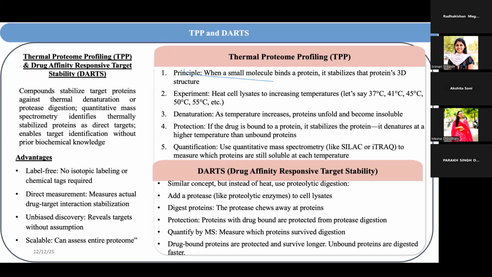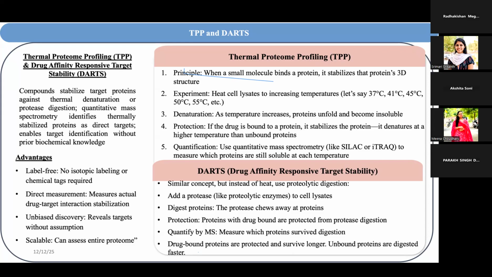For quantification, we use techniques like we previously saw, iTRAQ and SILAC. In DARTS, it is the same concept, but we add a protease to the cell lysate, digest it, and again we give a drug, and proteins with the drug bound are protected from the digestion.